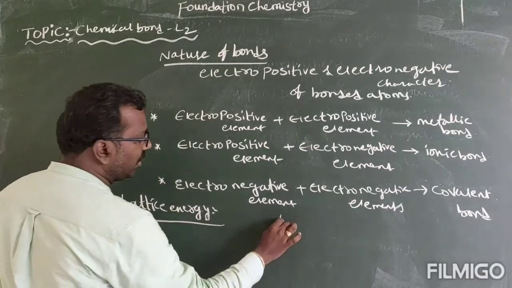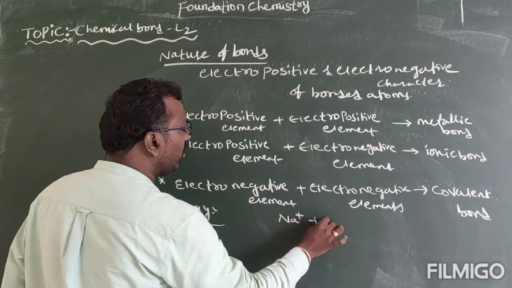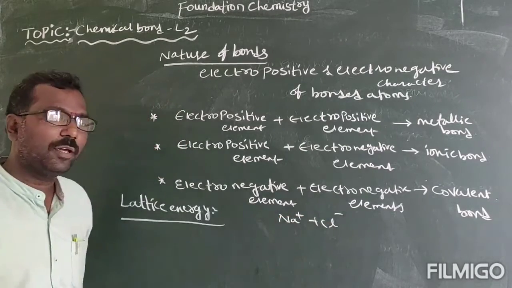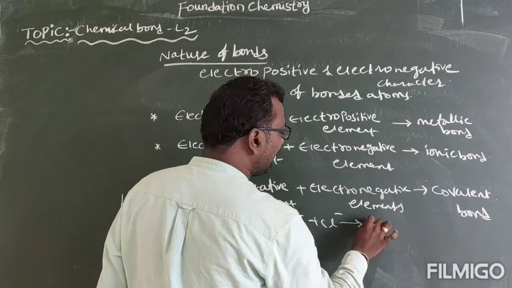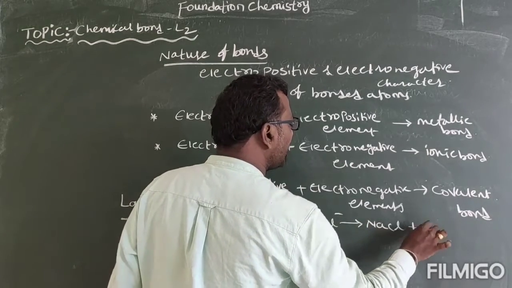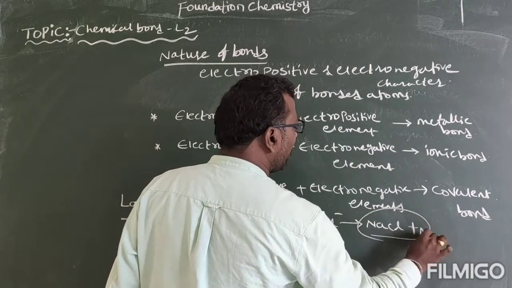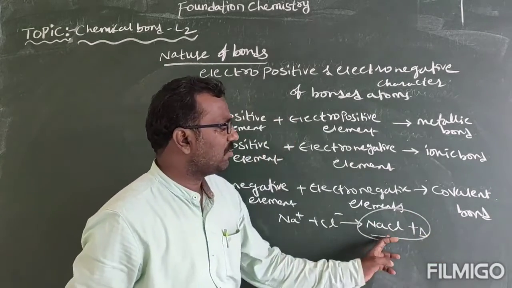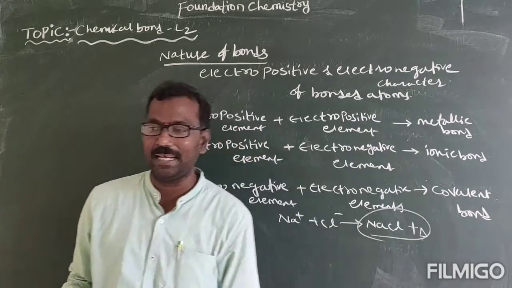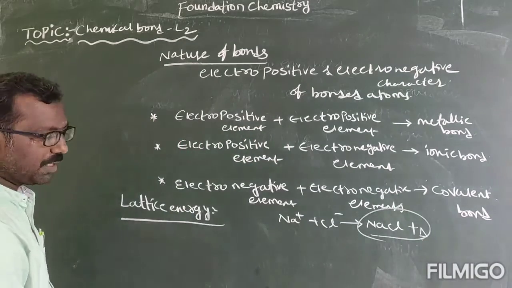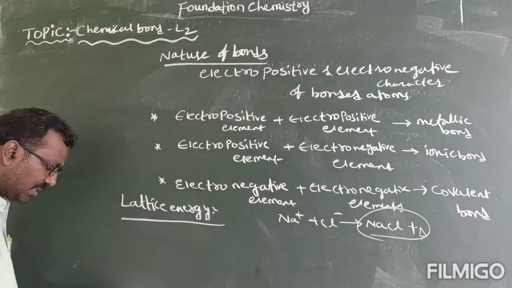Suppose you take sodium ion and chloride ion, which will form NaCl. Some energy will be released, and that energy we call lattice energy. So let me give the clear definition.